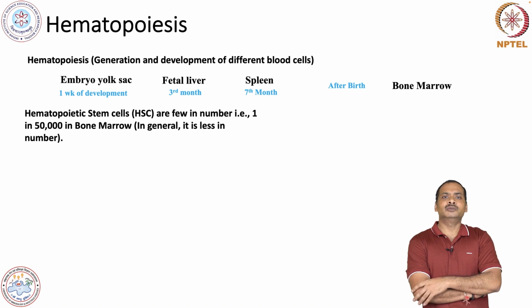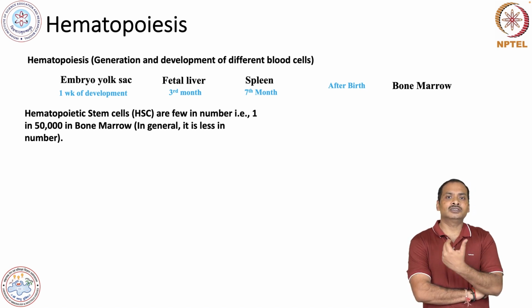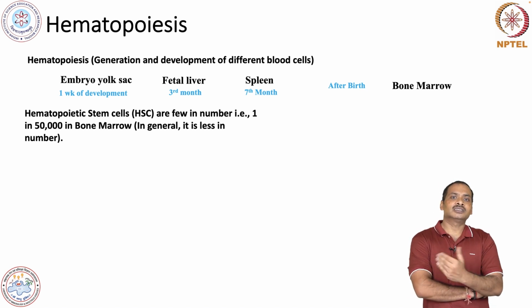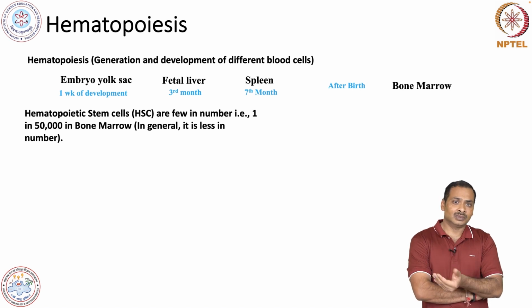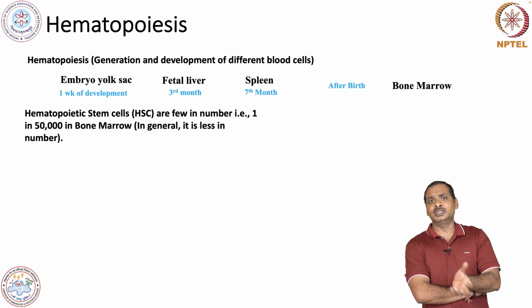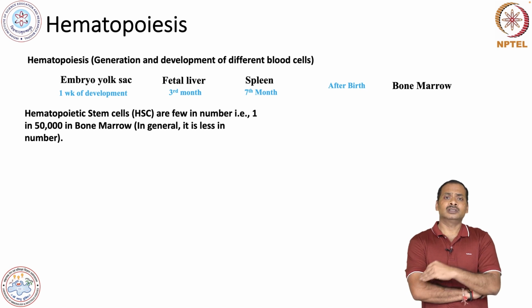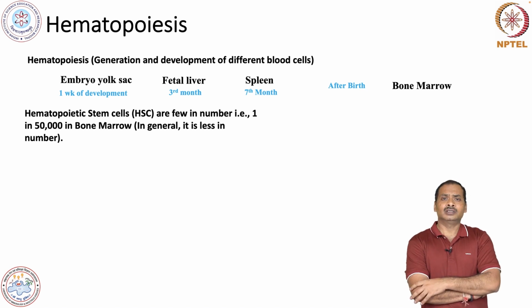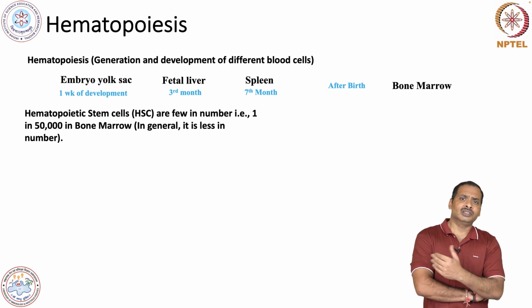Need means if there is a severe loss of blood, then these stem cells will divide and increase in number, and immediately replenish the blood cells. Okay. And then again they will reduce in number.